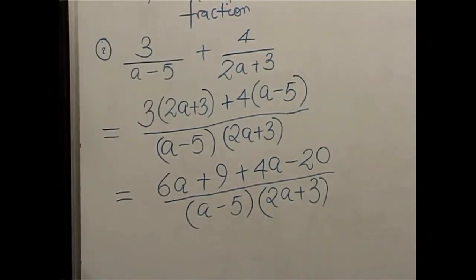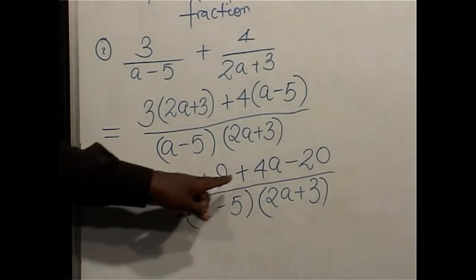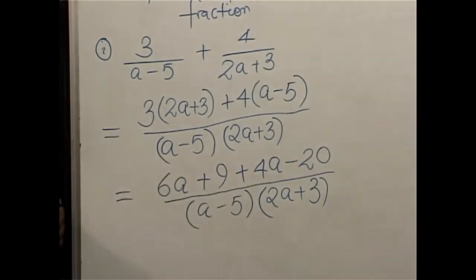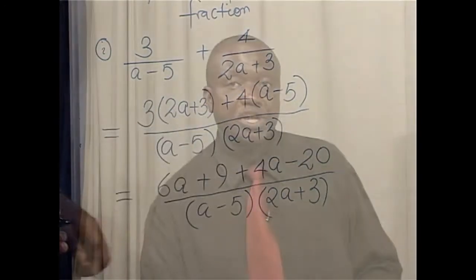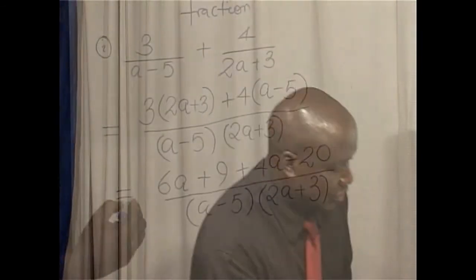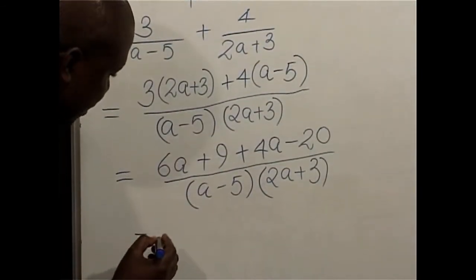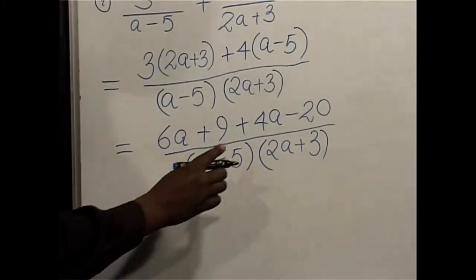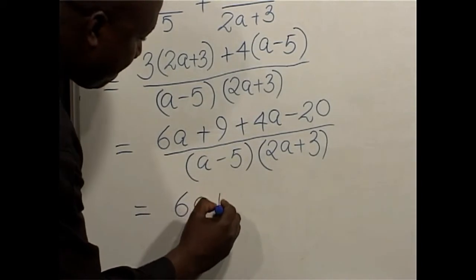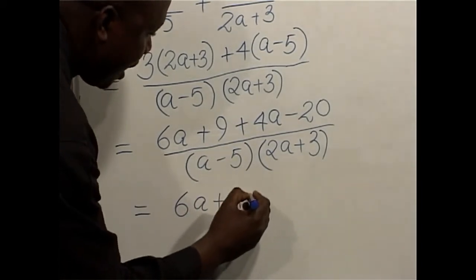In the numerator, you are going to see that we have like terms. For example, 6a and positive 4a are like terms. Similarly, positive 9 and negative 20 are also like terms. So we collect the like terms so that we can simplify them. So we are going to get 6a to be written next to positive 4a.